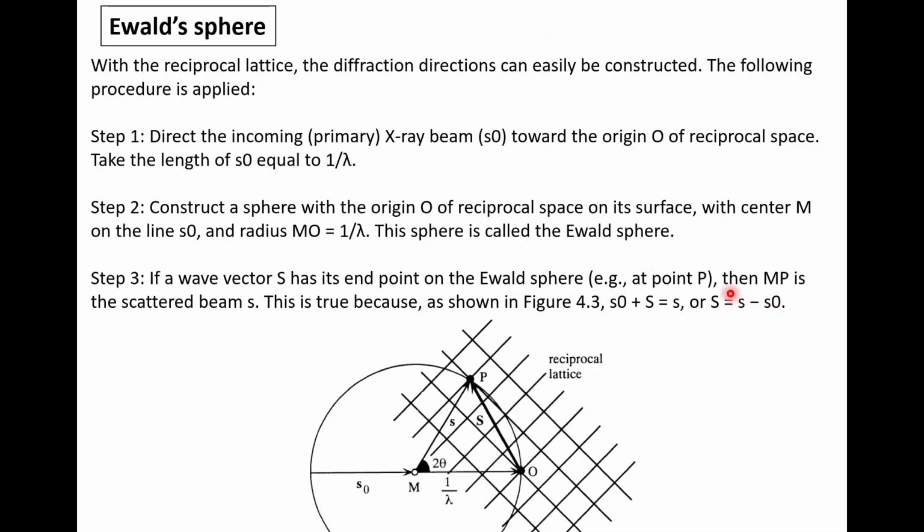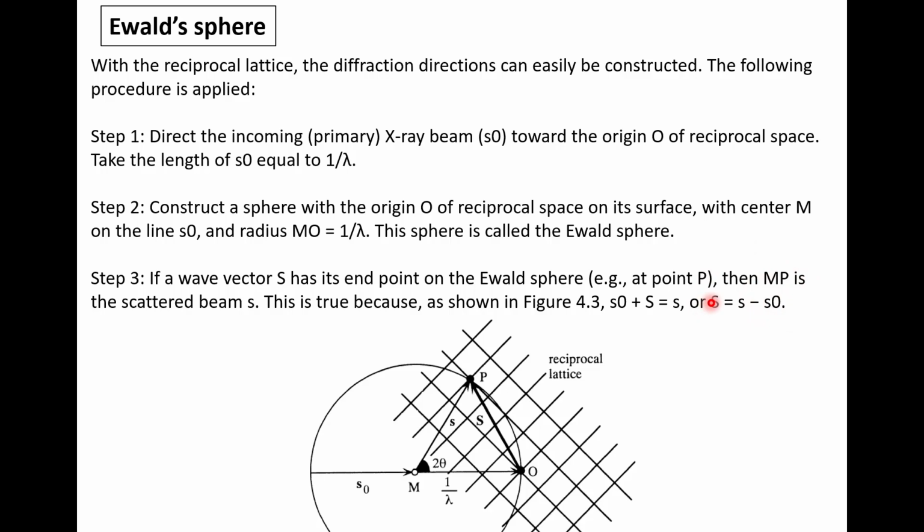So this S is actually dependent on the initial S naught and S value which were present in the real space, real plane. That is, S is connected by S equals small s, the diffracting scattering vector, minus the incident scattering vector.